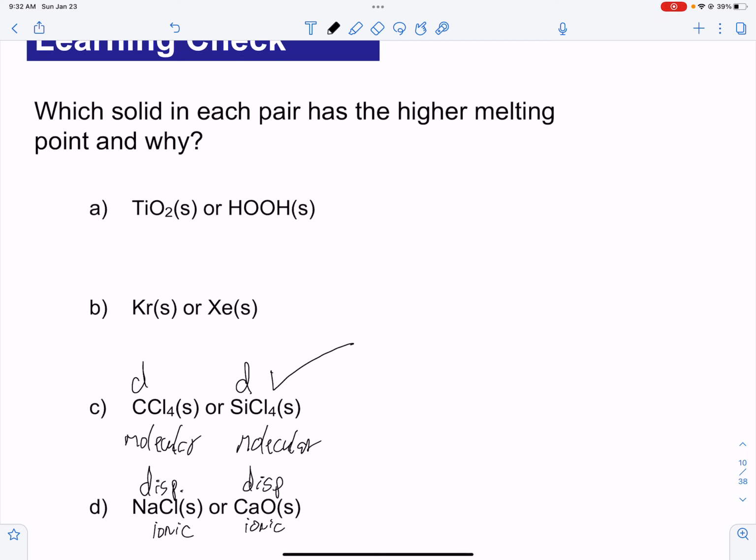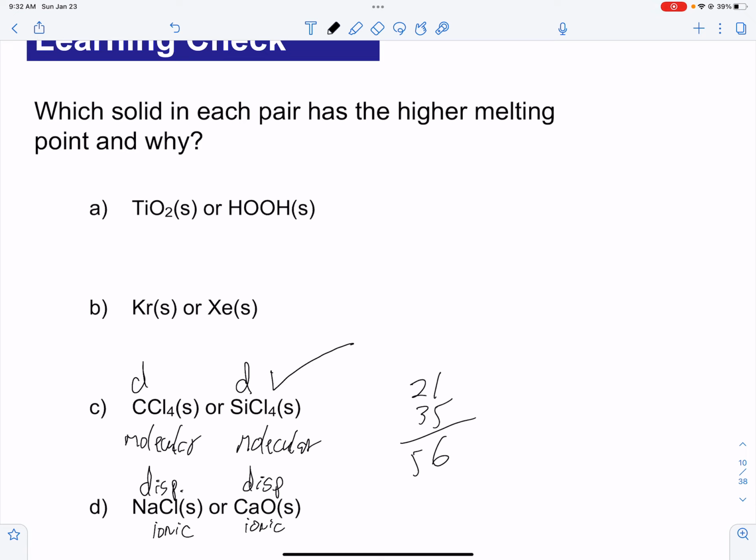So what would be the biggest one? Well, let's see, we can do it by mass, right? Sodium is about 21 grams, chlorine is around 35, this is very rough. So about 56 grams per mole.